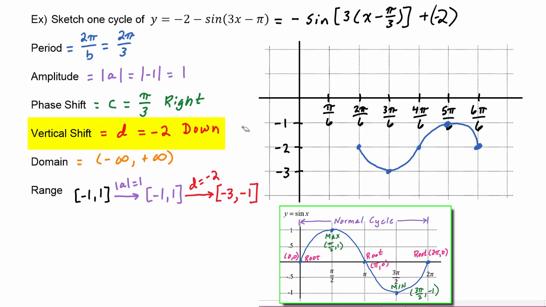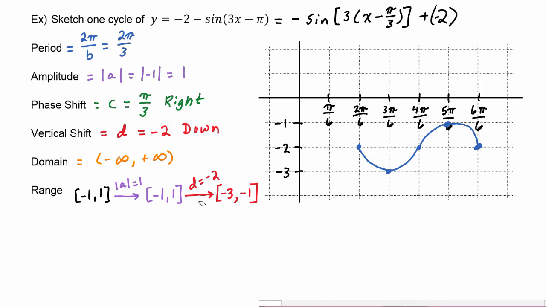The vertical shift we expected to be down by 2, so this center line of the graph should have been the x-axis, but we can see it moved down to negative 2, which means we had a downward shift by 2. We expected the range to be negative 3 to negative 1, and our smallest y value is negative 3. Our largest y value is negative 1, so that worked out.